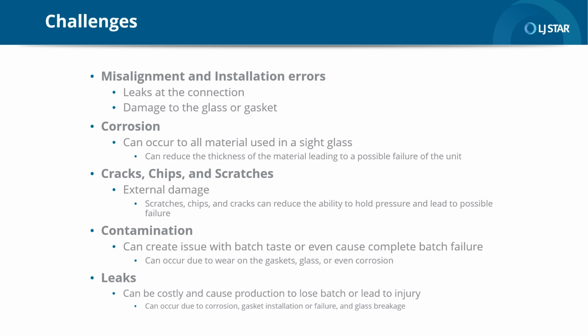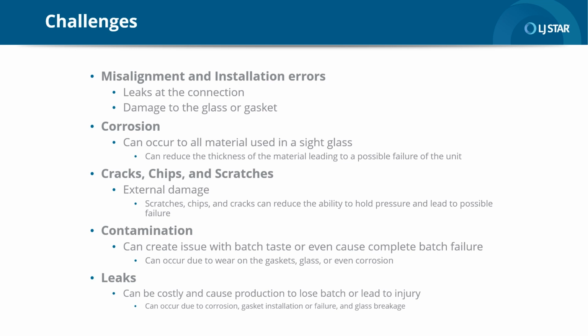So you don't have these corrosion issues, because with corrosion, you can have corrosion attacking the metal and leaking through and getting out. You can have it attacking the gasket, the glass, whatever material may not be suitable for that process is the one that could fail. So you have multiple failure points with regards to a sight glass.